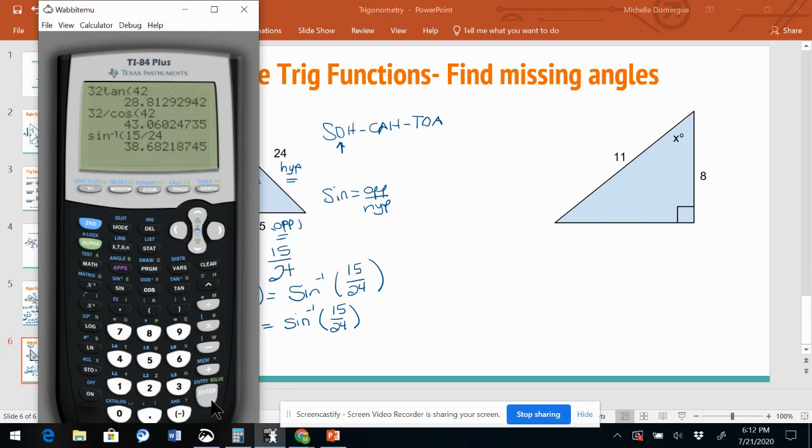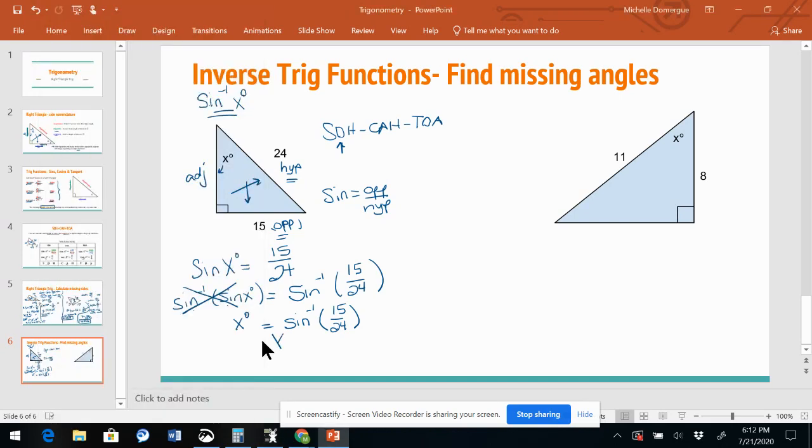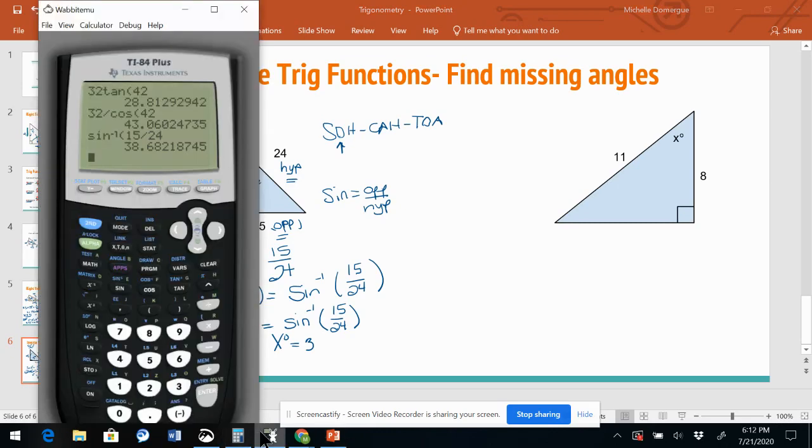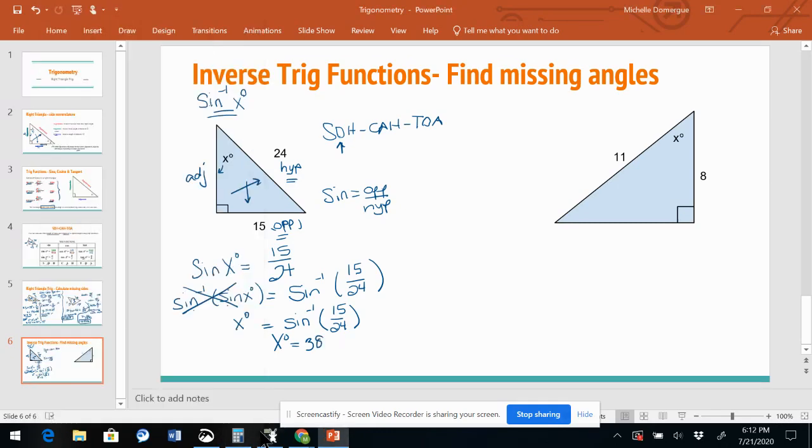And I get my angle, which is 38.68. So I'm going to enter that down here. My angle x is 38.68 degrees. So that is how you use inverse trig to get an angle.